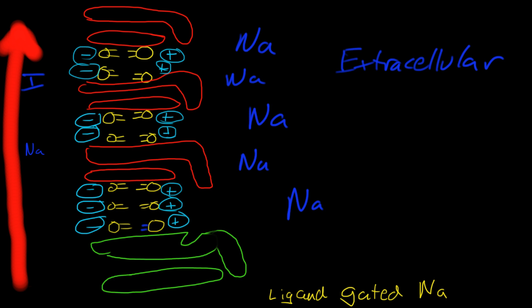action potential. Okay, so let's say we've got a little neurotransmitter here floating around, and it makes its way over to the ligand-gated sodium channel, and it binds with it. Now, when it binds with the ligand-gated sodium channel, the sodium channel is going to open up.